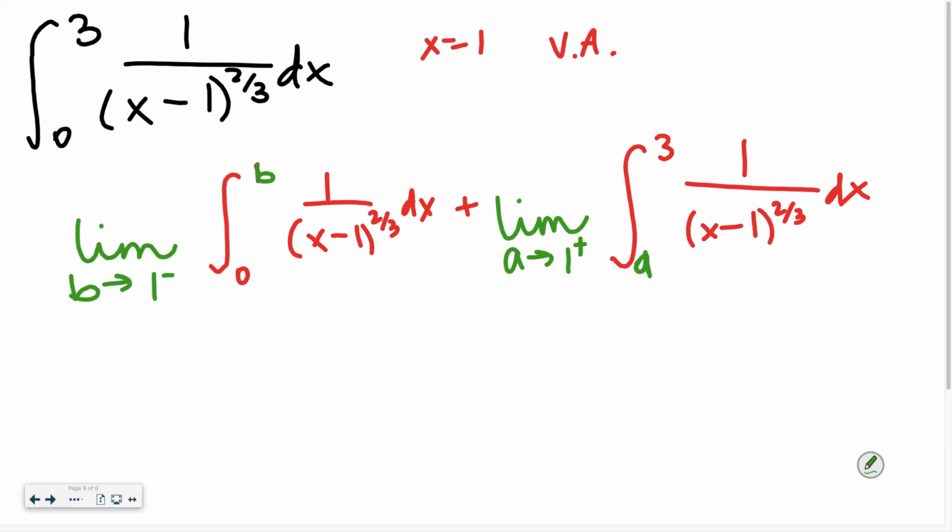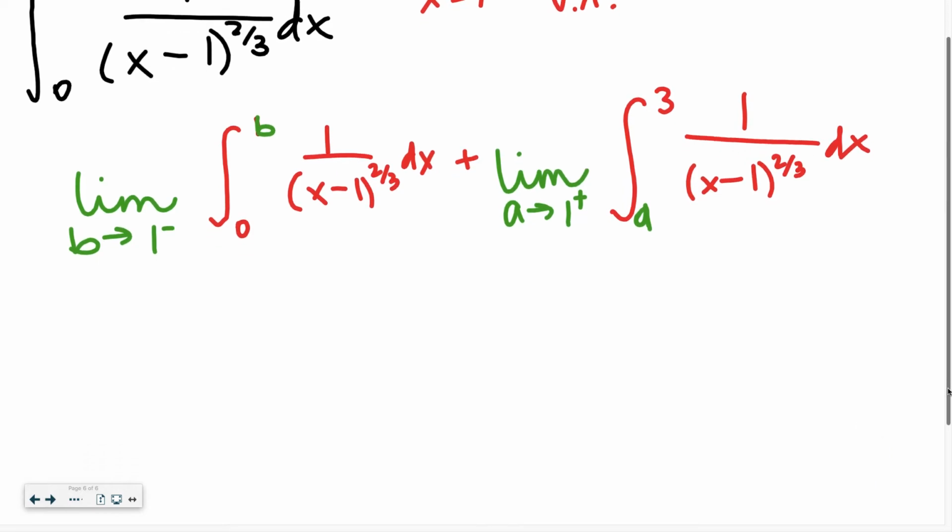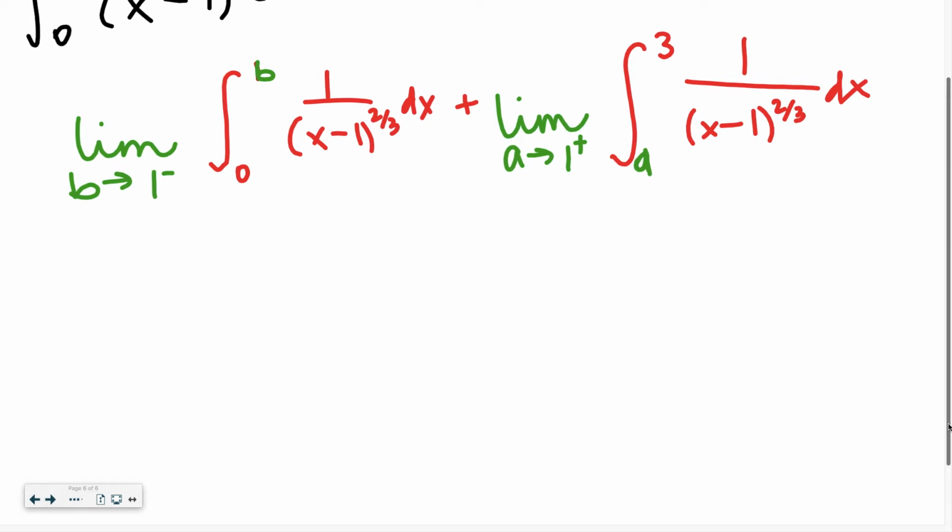So now what is our antiderivative? Negative, quantity x minus 1 to the 1/3, times something more to that.